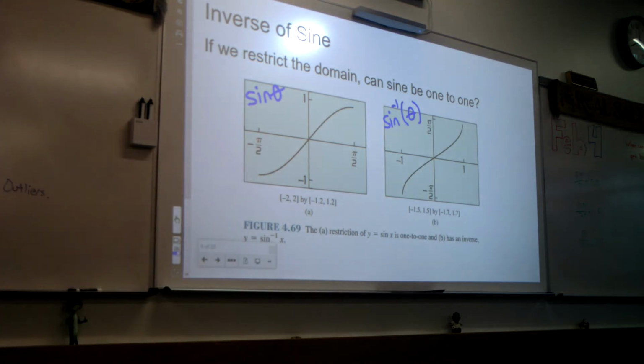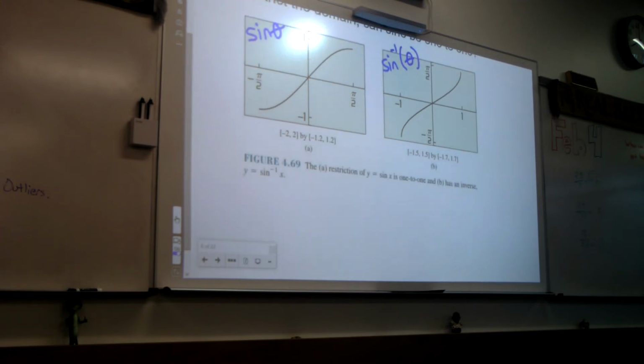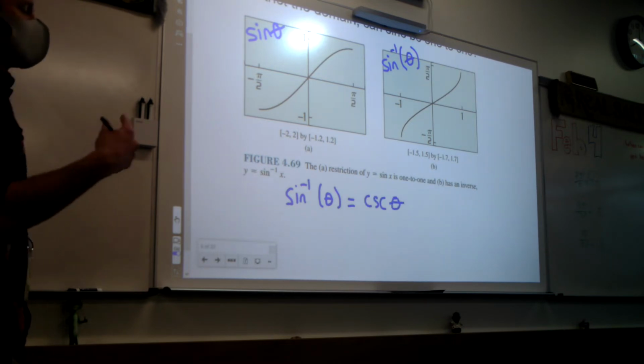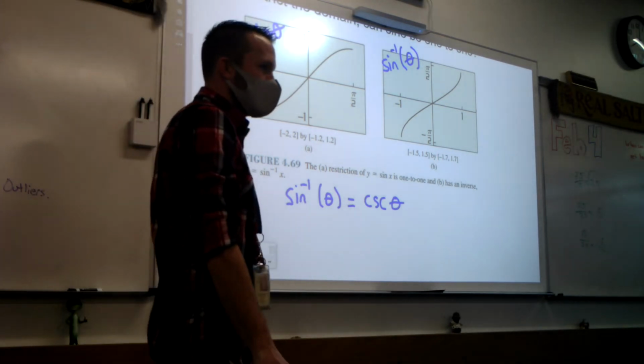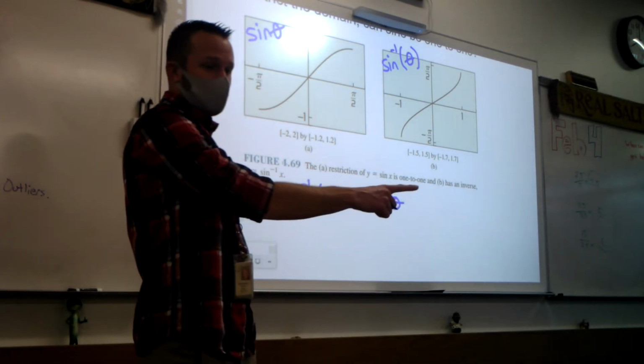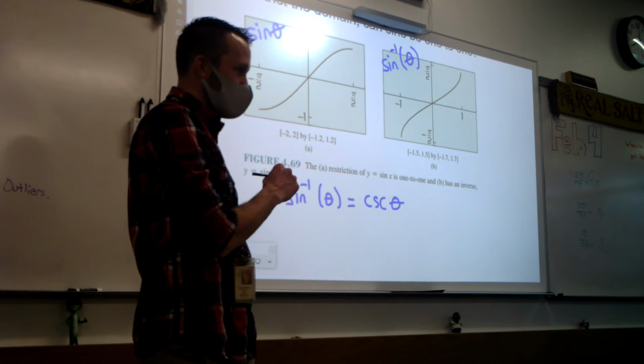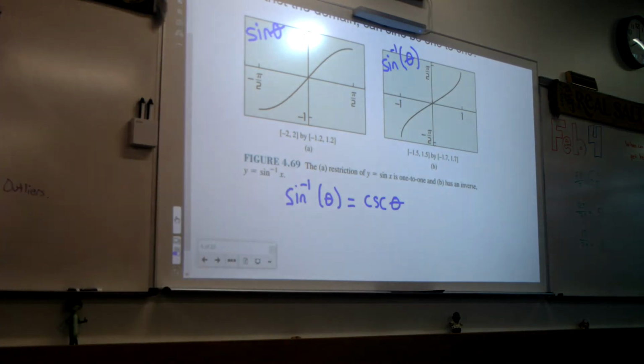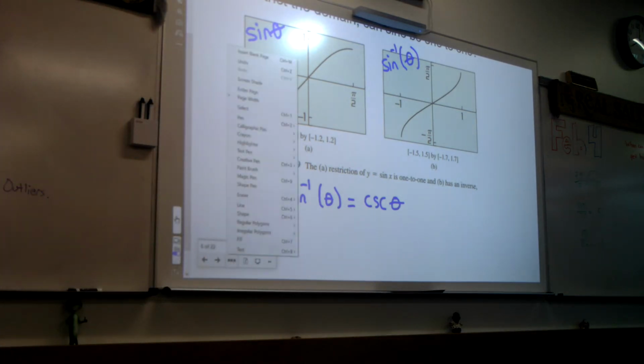Okay? Now, just a couple of notes. Let me just put a little note here. The inverse sine is not the same thing as cosecant. When we're talking about cosecant, what is that referring to? What do we call cosecant, secant, and cotangent? Reciprocal. Is reciprocal the same thing as inverse? They are not, but sometimes people like to associate those together, but they're not.